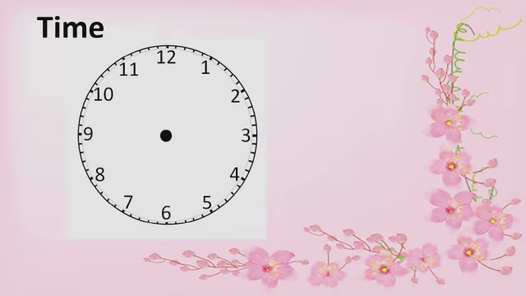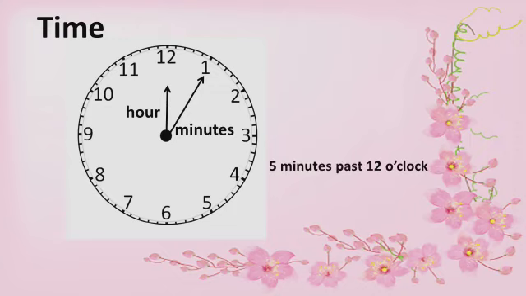In an analog clock, we have two hands: the hour hand, which is the short hand, and the minutes hand, which is the long hand. As you can see in this clock, the hour hand is at 12 and the minutes hand is at 1. So the time is 5 minutes past 12 o'clock. I hope you understand it.